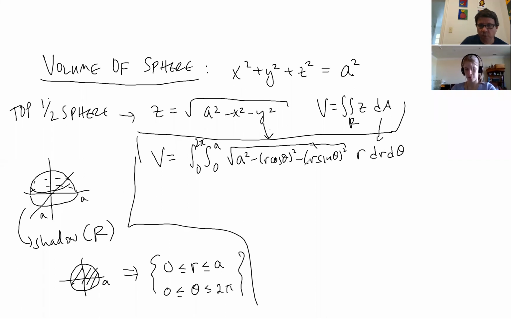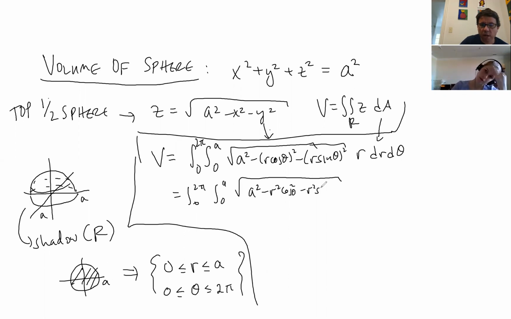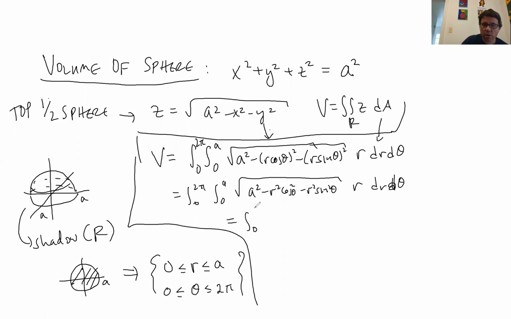If we multiply this inside part out, we get the square root of a squared minus r squared cosine squared theta minus r squared sine squared theta. And we still have this r dr d theta on the outside. So if we factor r squared out from the inside, what are you going to get?